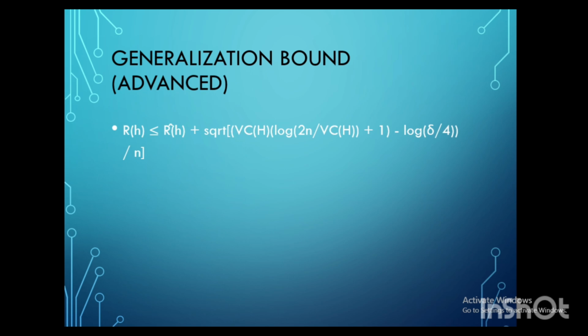This shows more data N and a reasonable VC dimension give a better guarantee on model performance. This formula helps determine when the model has the best performance.